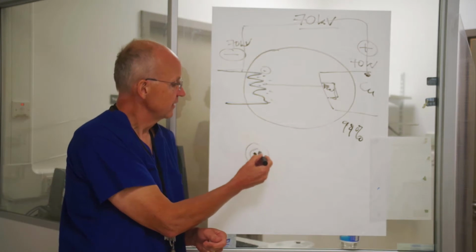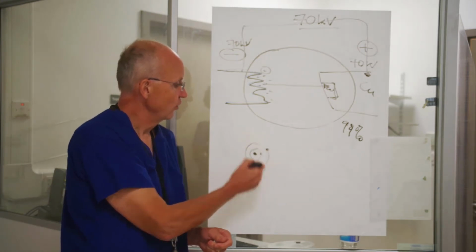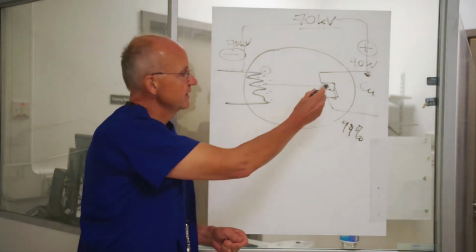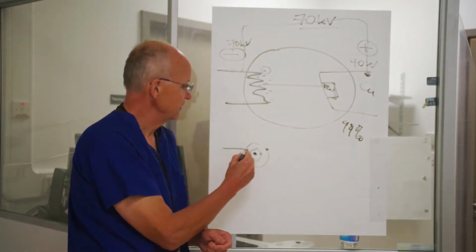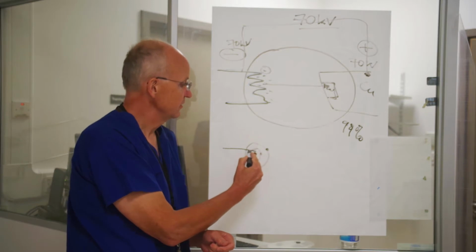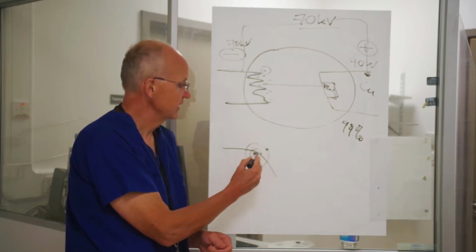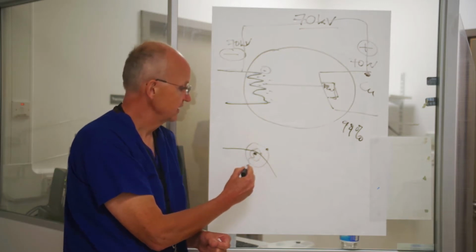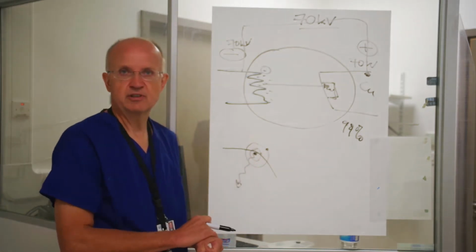And you've got the other electrons orbiting around there. Imagine that this incoming electron passes really close to this nucleus here, and as a result it loses energy, and as it loses energy, the energy that is lost is given off as an X-ray photon.